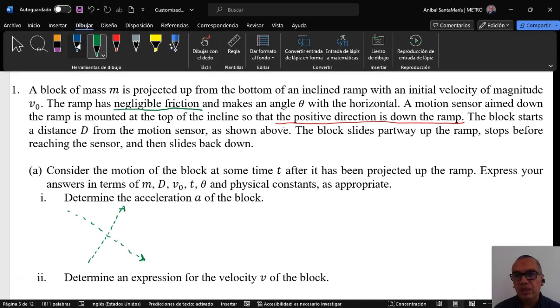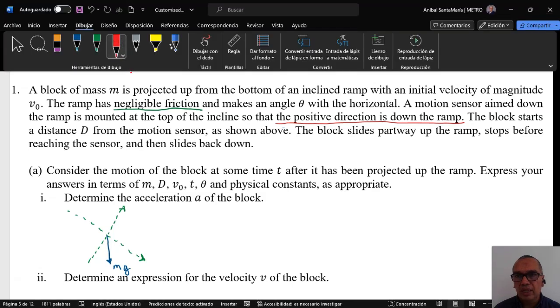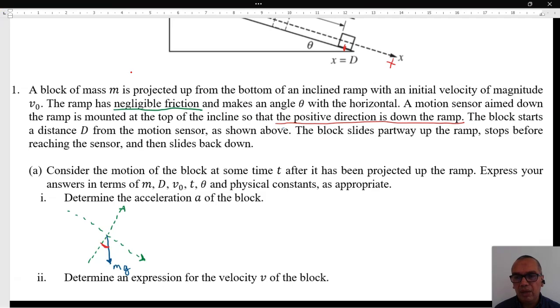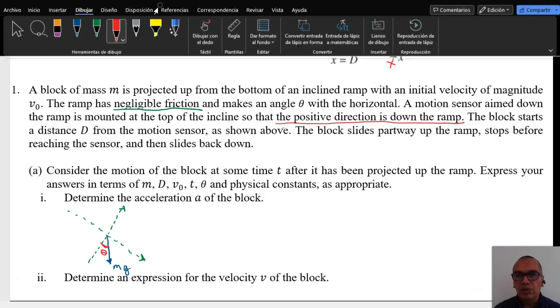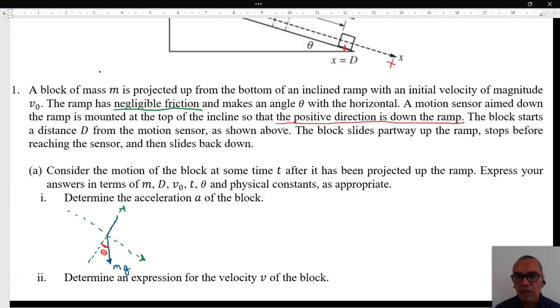One of them is the gravitational force, mg, and you will recall from previous discussions that the angle that the ramp has with the horizontal is the same angle between the gravitational force or weight and the y-axis. Also, there is the normal force, which is perpendicular to the ramp, and therefore it is along the y-axis.